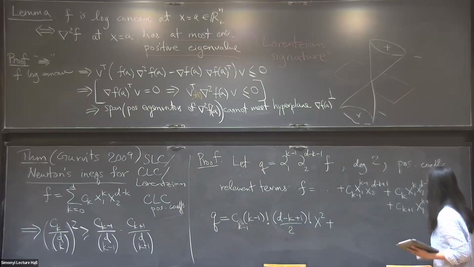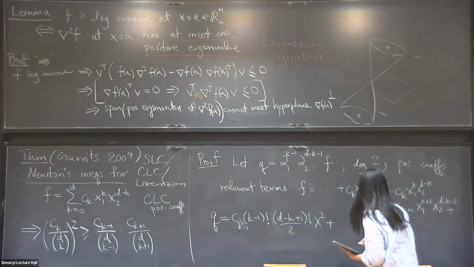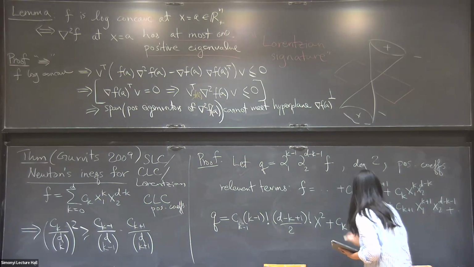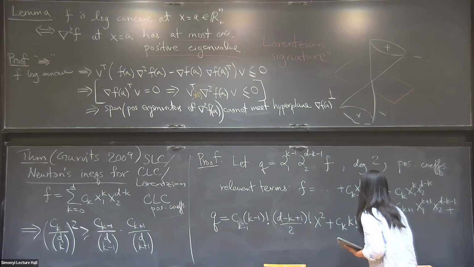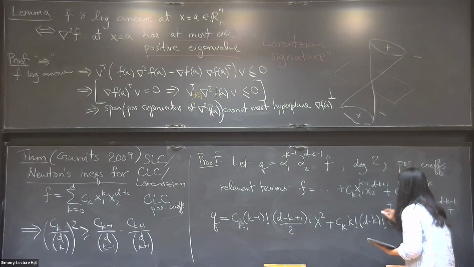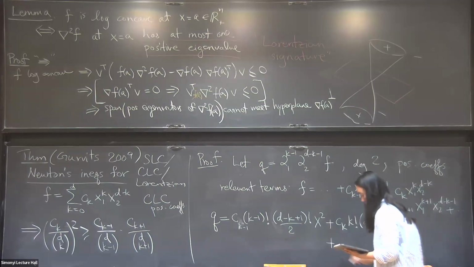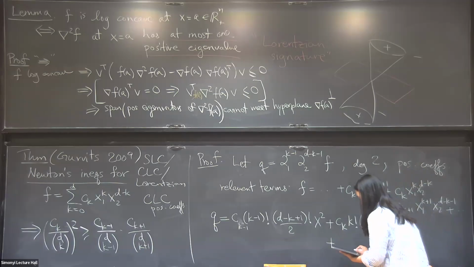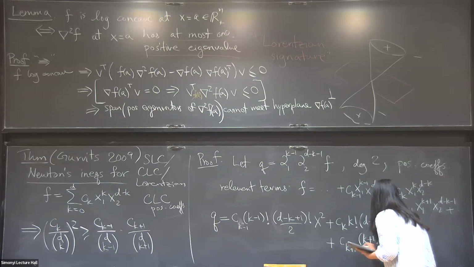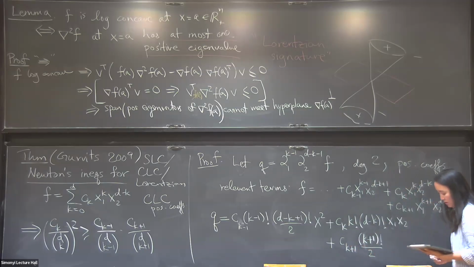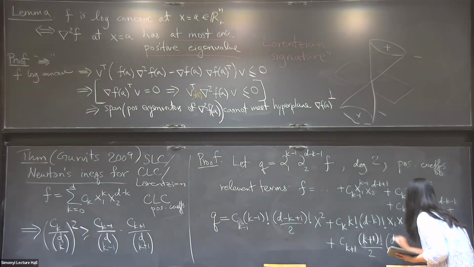Plus, for the second one, it is c_k, and then I do have k factorial times x1 x2. Plus the last one is c_{k+1}, and similarly it's (k plus 1) factorial, but I'm missing the 2 and the 1, times x1 squared.